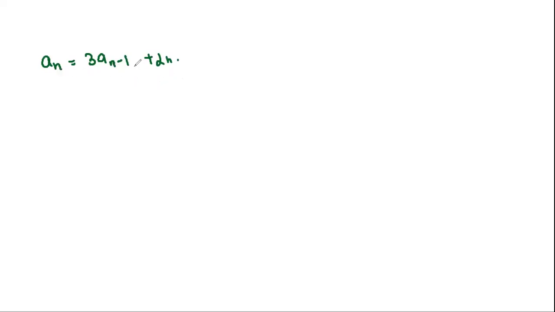So what is the associated linear homogeneous equation? It is a_n = 3a_{n-1}, that is, we have to exclude the function of n. And what are the solutions? Each term will be multiplied with 3. So suppose a_1 is 3 or a_1 is 2.